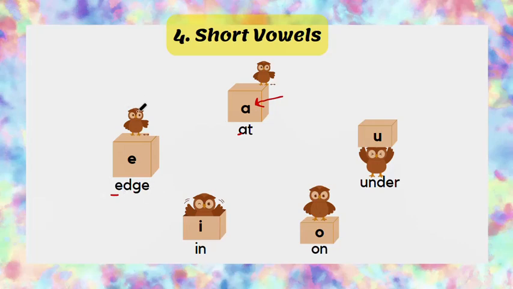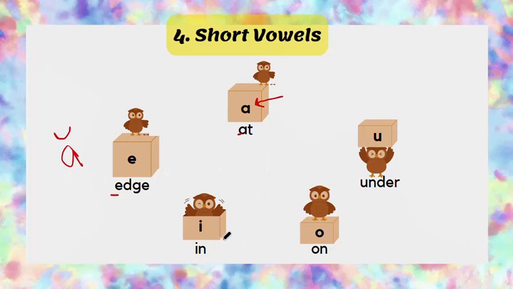The owl is at the edge of the box. Edge. It's not edge. See the difference? It's edge. E, e, e, edge. Right? This is a and this is e.